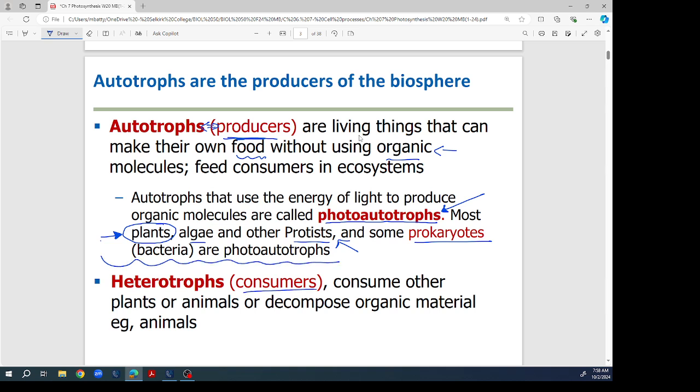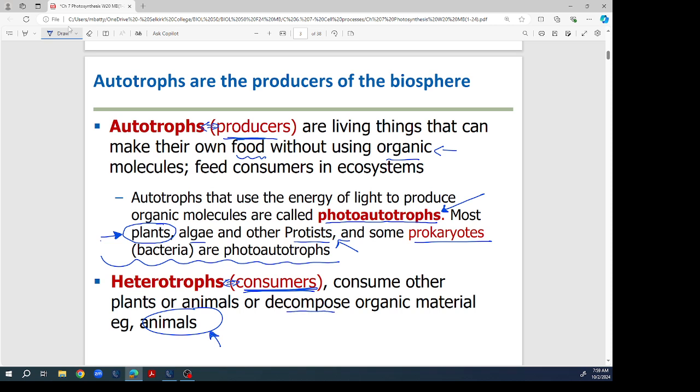On the other side of producers, we had consumers. And so that's a word that we've talked about before. We're going to talk about consumers, or us, as heterotrophs. So examples: animals. So animals are heterotrophs. There are other things that are heterotrophs. So again, you think about the common one because that's what you can relate to.